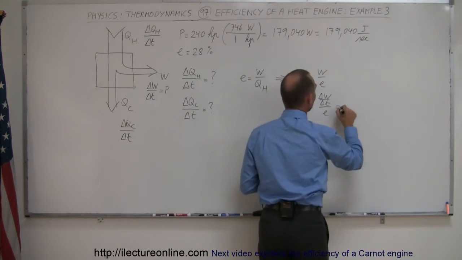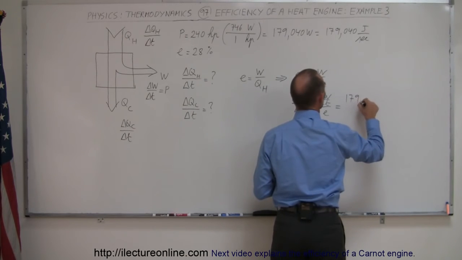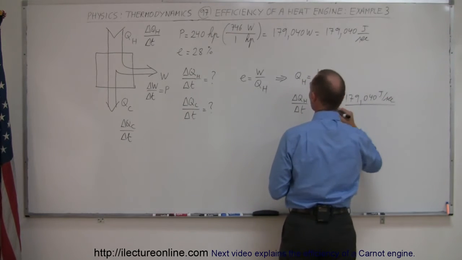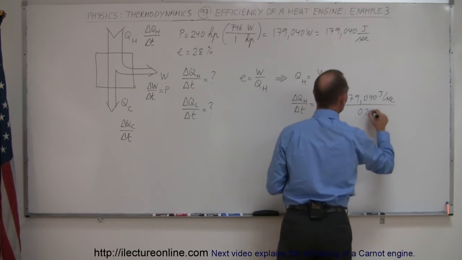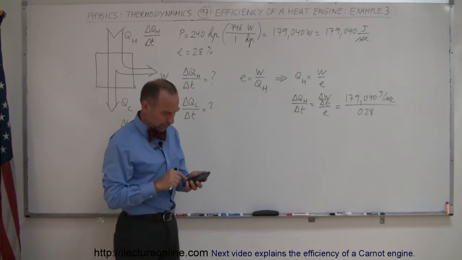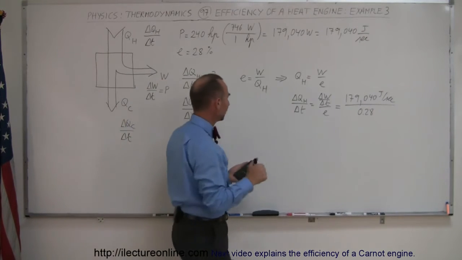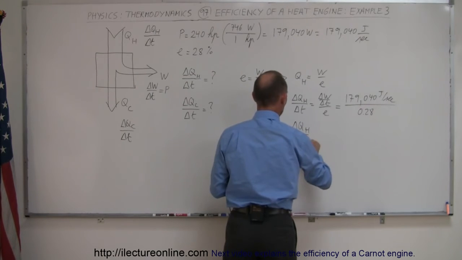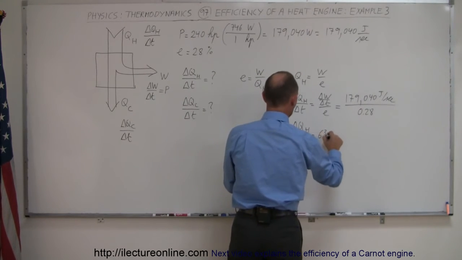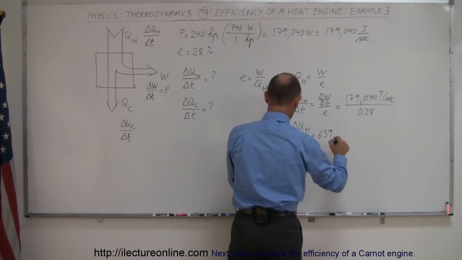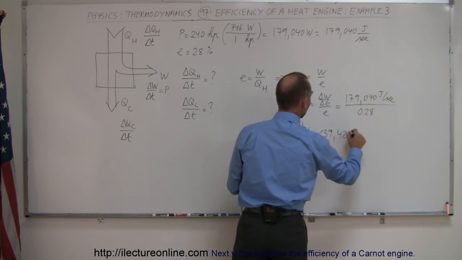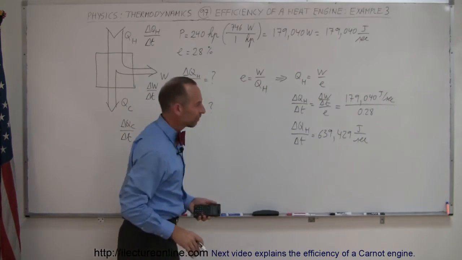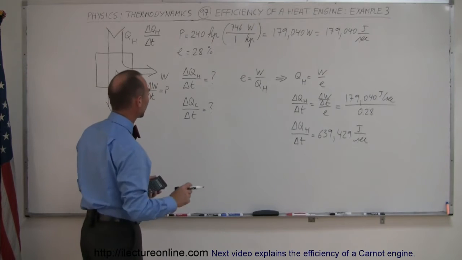So this is equal to 179,040 joules per second divided by the efficiency of 28%, which is 0.28. Dividing by 0.28, the heat extracted per unit time from the hot reservoir is 639,429 joules per second. Now obviously we don't need that many significant figures, but let's not worry about that.